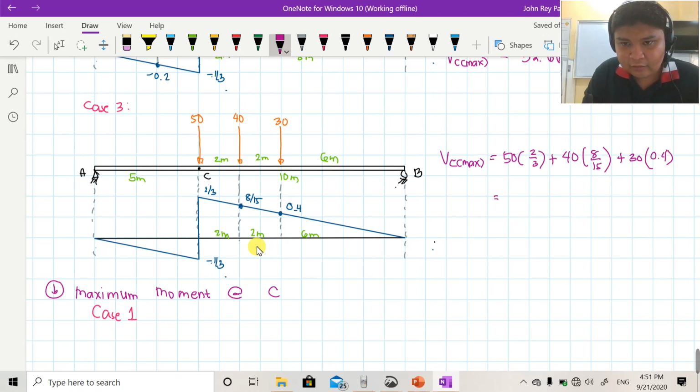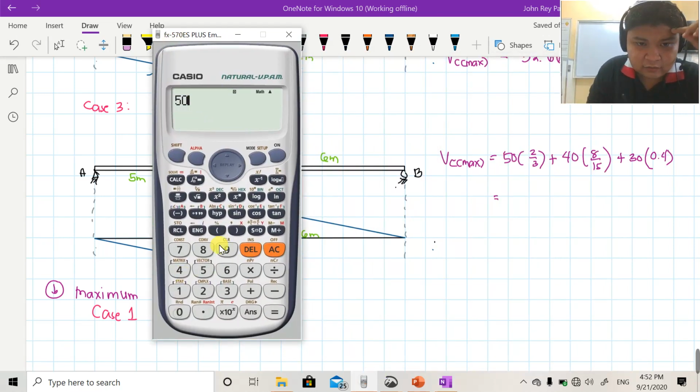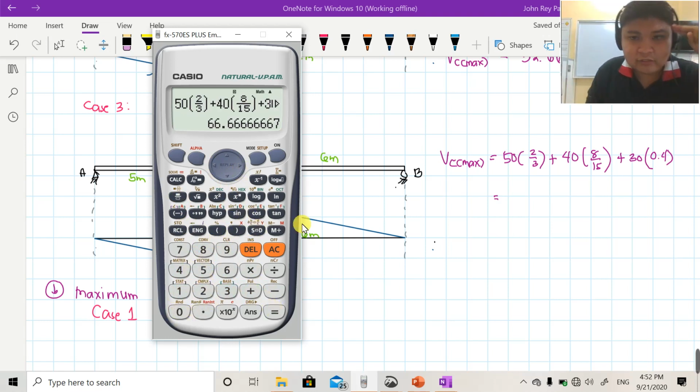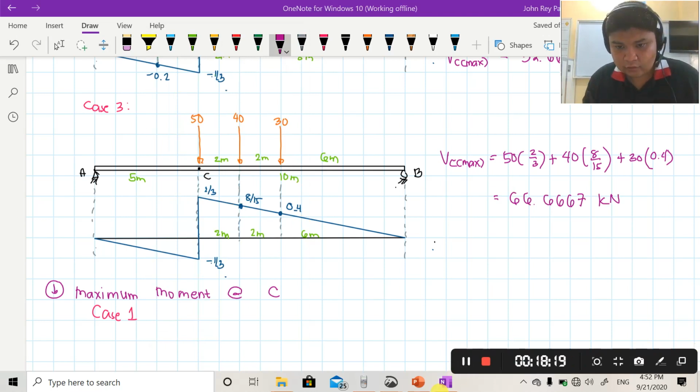Okay, so the answer will be, computein natin siya, class, 50 times 2 thirds, plus 40, 8 over 15, and lastly, 30, tapos 0.4. The numerical value will be equal to 66.667 kilonewtons. So, ayan. Considering the 3 cases, class, nahanap na natin yung mga correct answer.